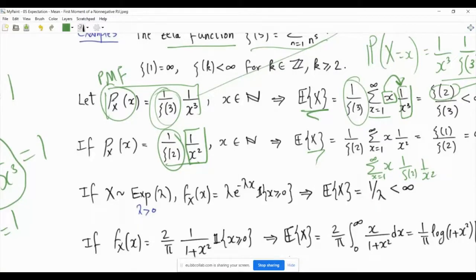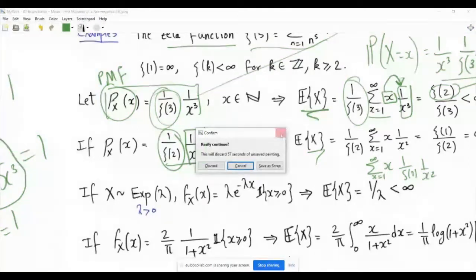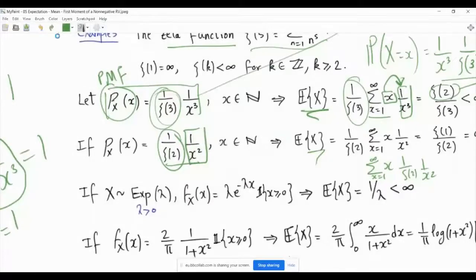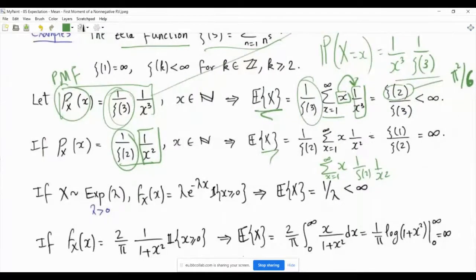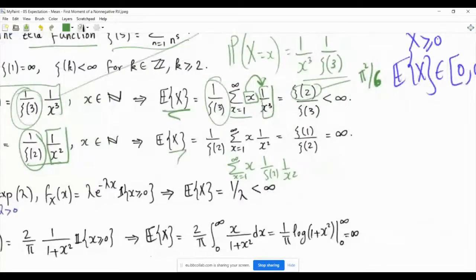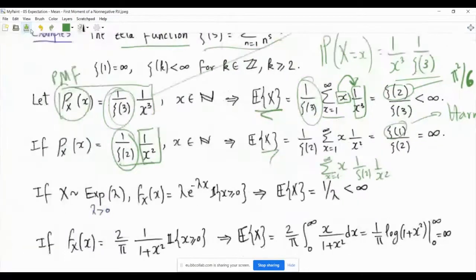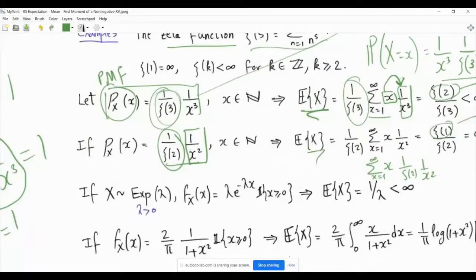The constant you can pull outside, and then you sum. But when you multiply x by 1 over x squared, you get the summation of 1 over x, which is zeta 1, the harmonic series. And so you get infinity. Infinity over a finite number is infinity. So this is an example of a discrete random variable whose first moment is plus infinity.